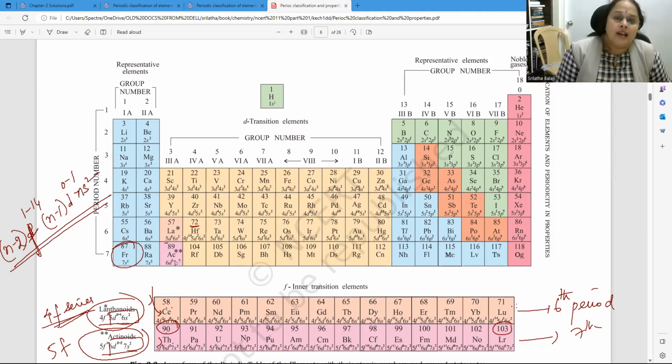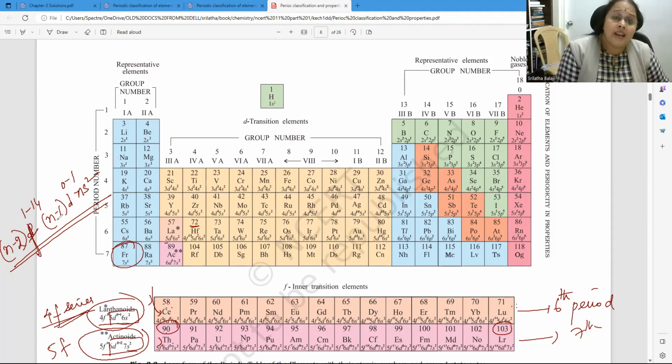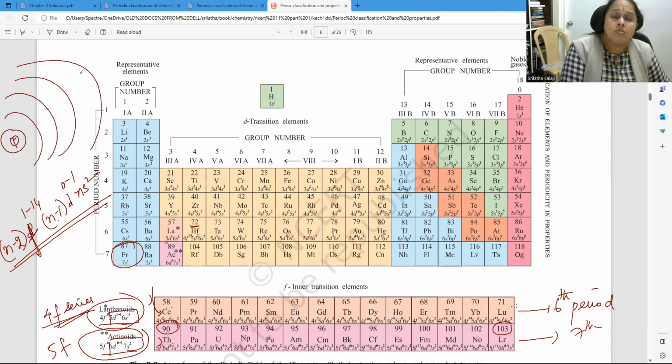Okay? And what is the speciality of the group number? I'll just wind up in 5 minutes with the students. The group number highlights the valency or valence electrons which participate in chemical reactions. So when you see n-1 and n-2, I have 6s, 5d and 4f.